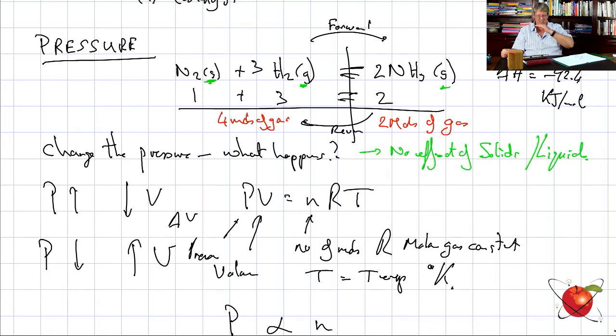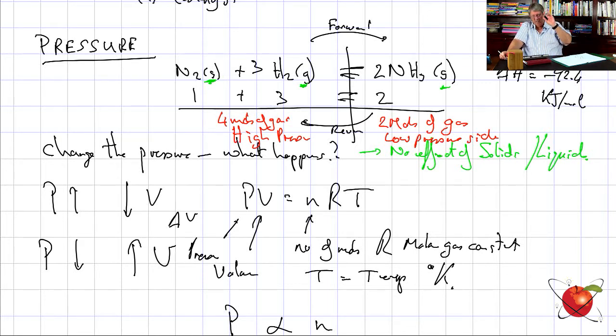That's exactly what it will always stay. It can't react any other way because you can't have bits and pieces of things reacting. Now, that means that one side of this is the high pressure side, and this is the low pressure side.